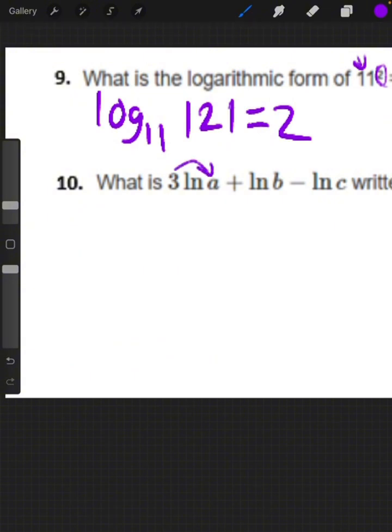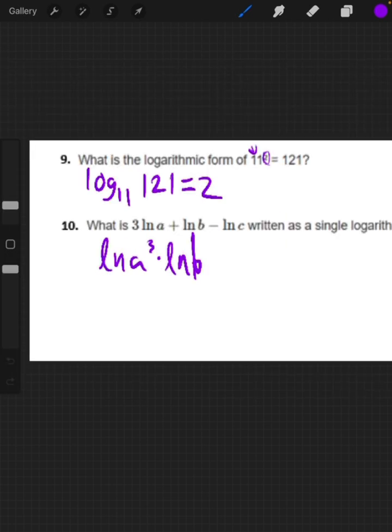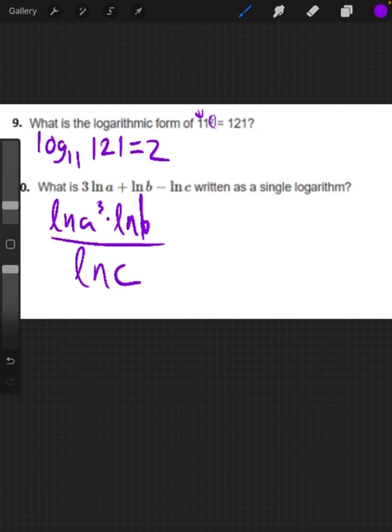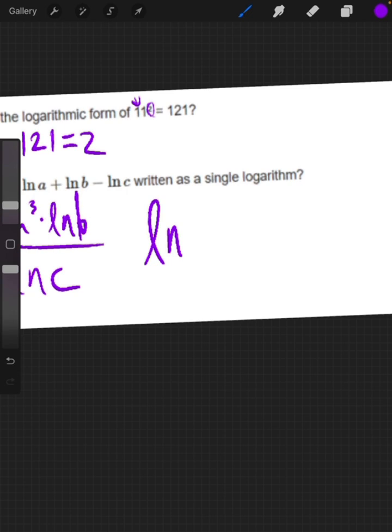The 3 can be lifted up there, so then we have natural log A to the power of 3 times natural log B divided by natural log C. All of these have natural logs in them, so we can factor that out. So we have natural log of A to the power of 3 times B over C. There we go. Okay.